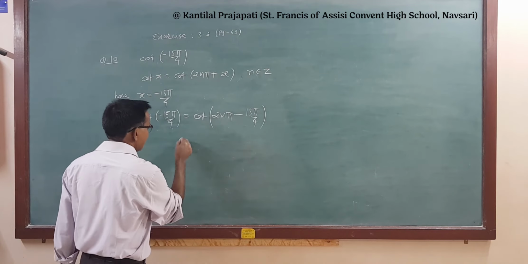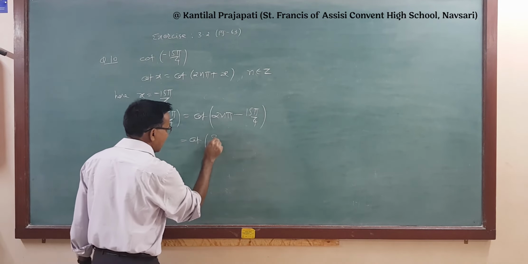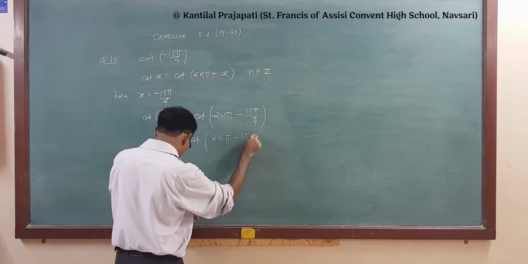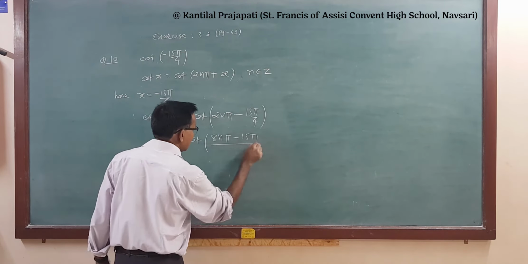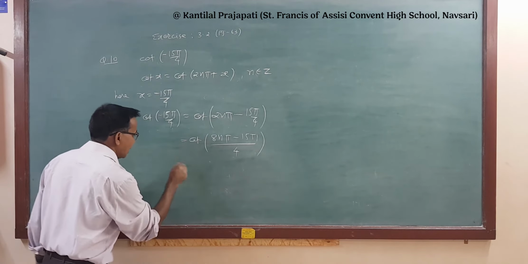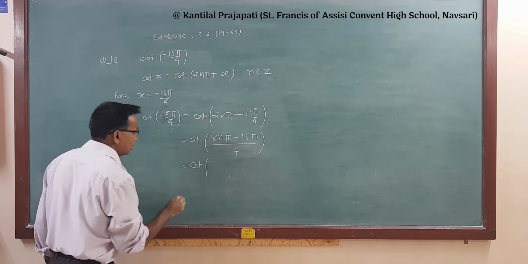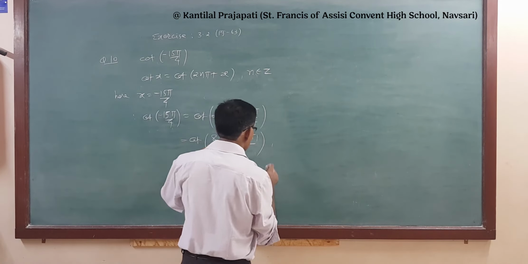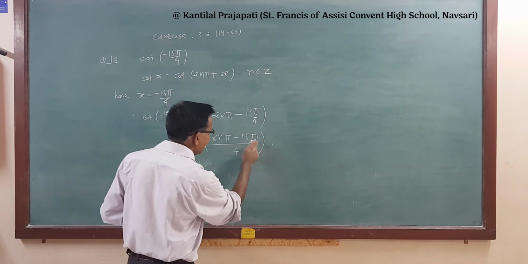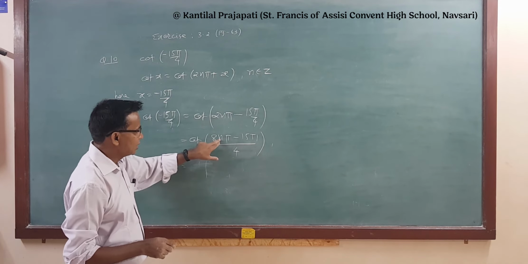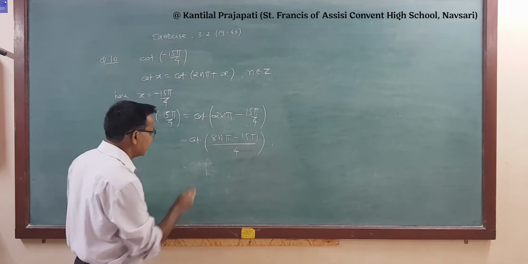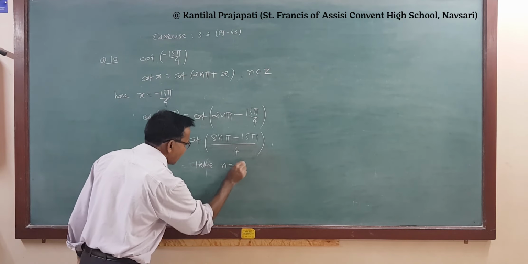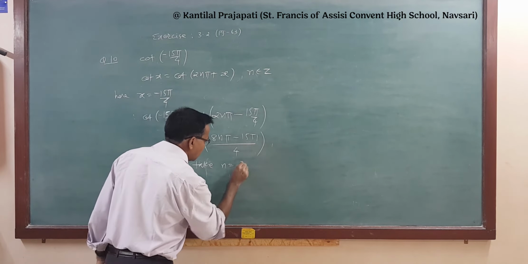Take the LCM. Cos of 8n pi minus 15 pi by 4, over 4. Now select the value of n which is near to 15 pi. So 8 times 2 is 16; take n is equal to 2.